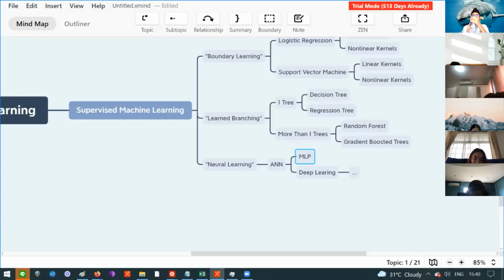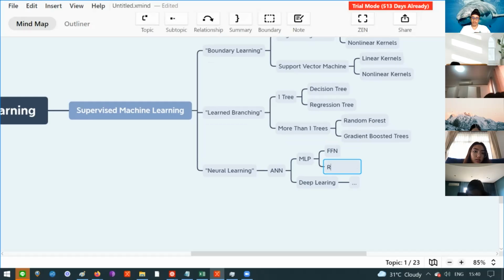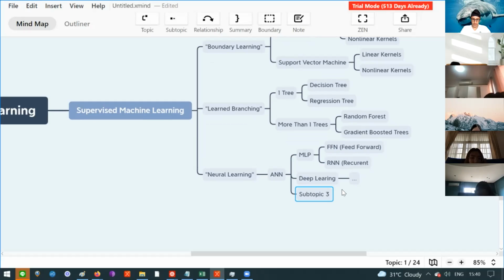So multi-layer perceptron, there's also just strictly feed forward, FFN. And then this can have some kind of recurrent. Yeah, all this stuff. Let's say I'm going to put this under classic.